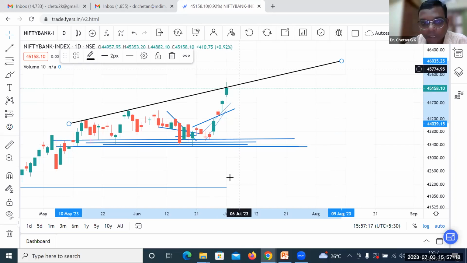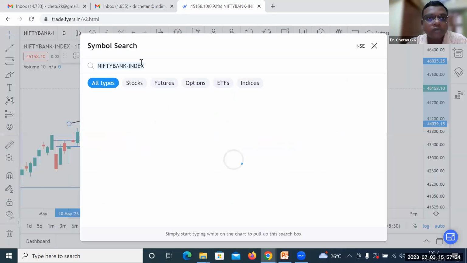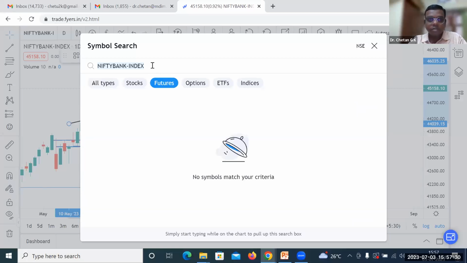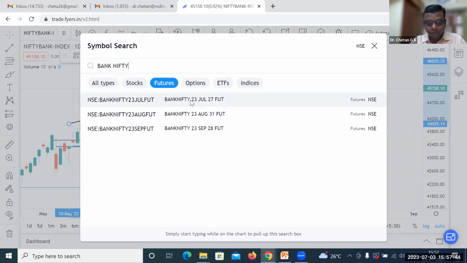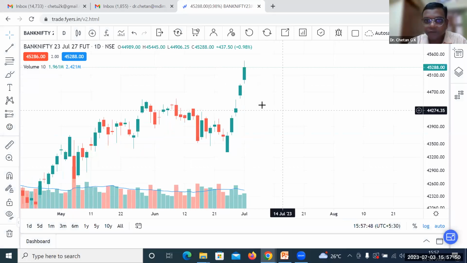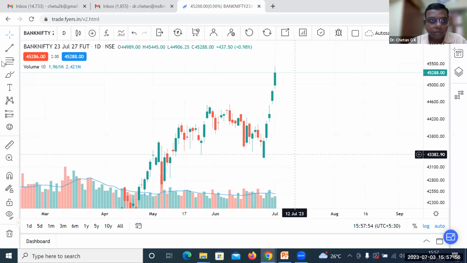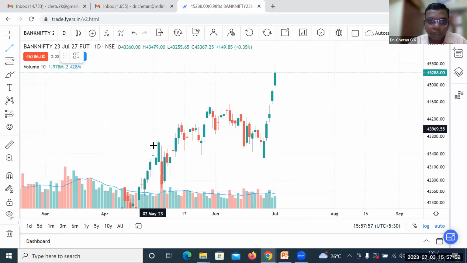We don't have any volumes here for the Nifty, so we can think of going for futures. It's Nifty Bank, right? Bank Nifty. Let me put Bank Nifty. I'll take up this July futures. Now it is clearly visible in the case of futures.